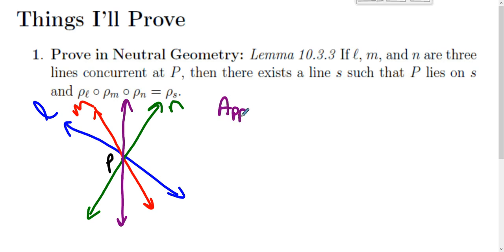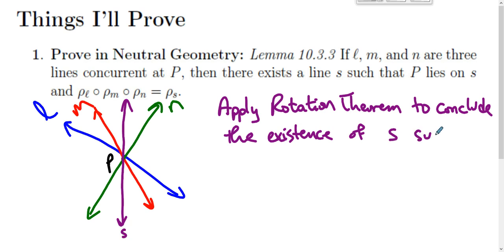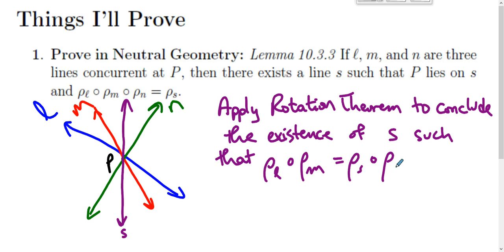So here's the idea. We apply the rotation theorem to conclude the existence of S, there's S, such that this composition is the same as this composition. Now, how do we get away with that?